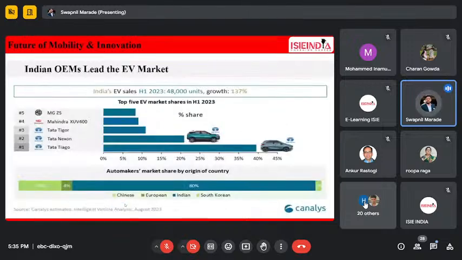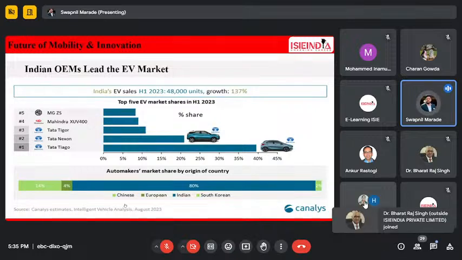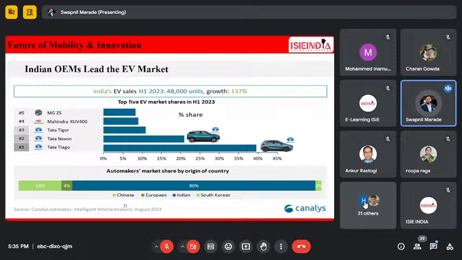Thereafter, the Indian OEMs lead the EV markets, like Indian EV sales in 2020-23 of 48,000 units, growth of 137%. Top few EV market share in 2023: the top three electric vehicles are the Tata Tiago, Tata Nexon, and Tata Tigor, which are from Tata Motors, and the fourth is a Mahindra, and fifth is an MG ZS, right?